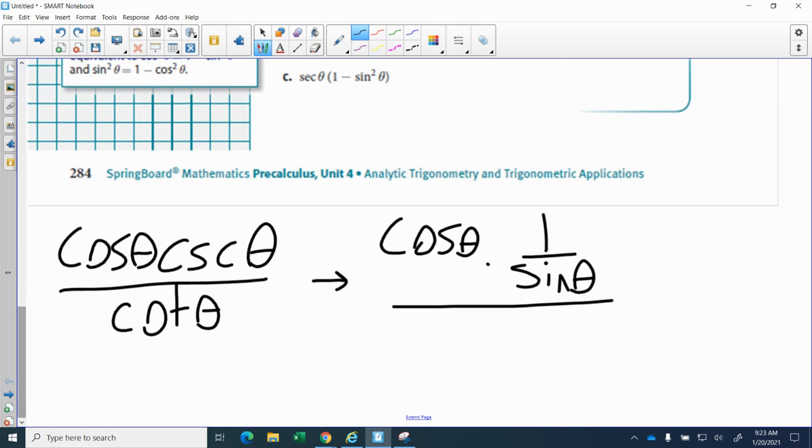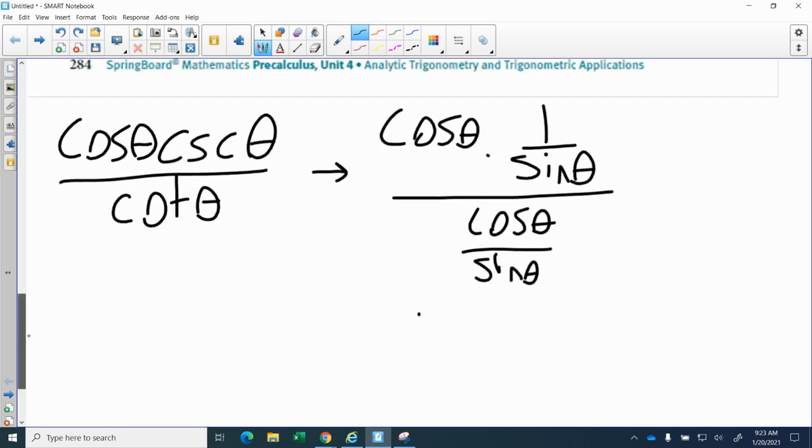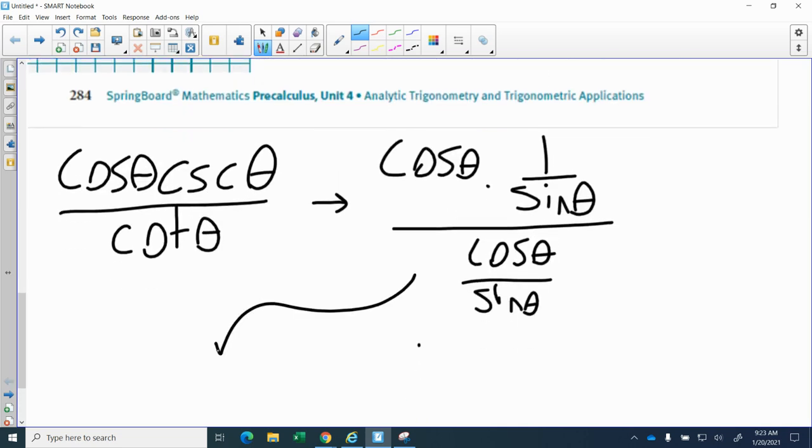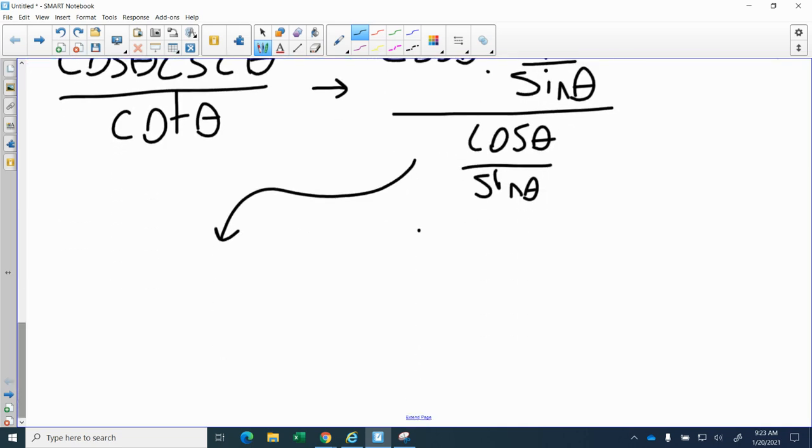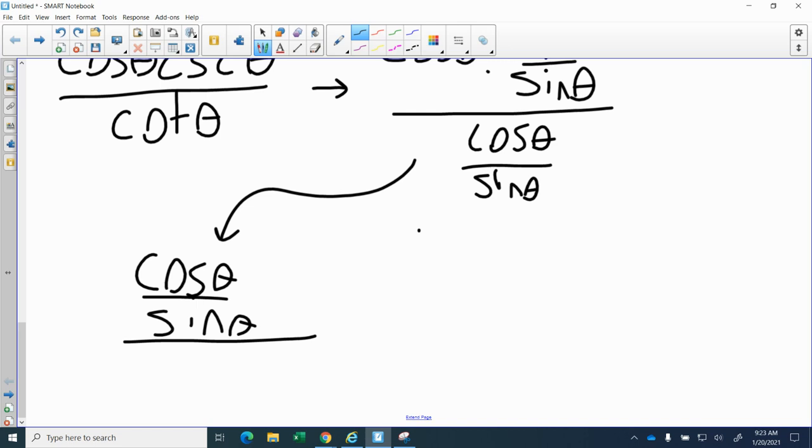On the bottom of the fraction, we have cotangent, which is just cosine of theta over sine of theta. Well, notice how I can simplify these values. I can rewrite the cosine and sine on top to get cosine of theta over sine of theta on the top of the fraction, all over cosine of theta over sine of theta.